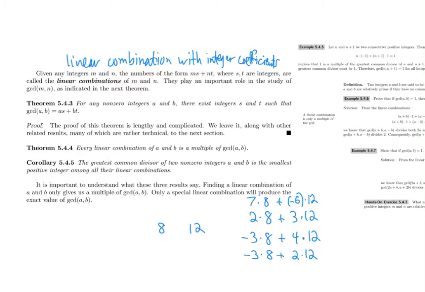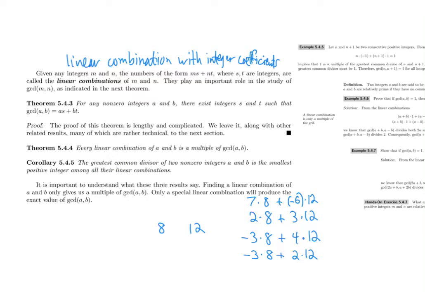What this theorem is saying is if I take all the possible linear combinations of two non-zero integers, for example 8 and 12, the smallest positive integer among all the answers of these calculations would actually be equal to the GCD.